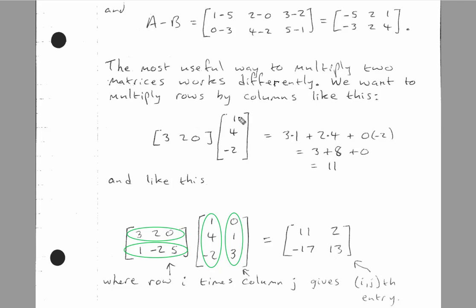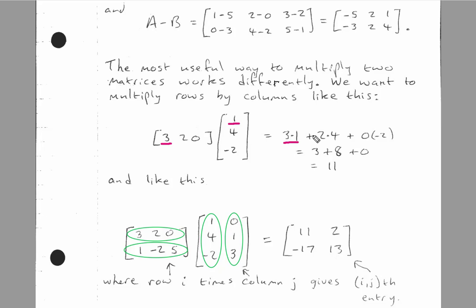How do you multiply a row by a column? Okay, well now you are looking at the corresponding numbers. So the first number in the row here is 3. The first number in the column is 1. So they get multiplied, 3 times 1.